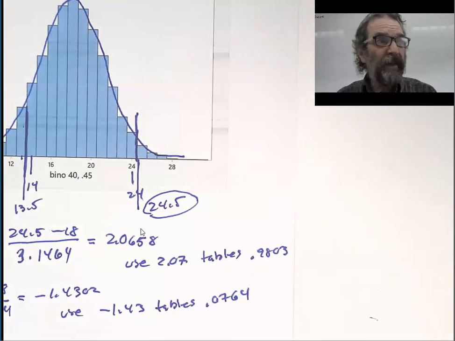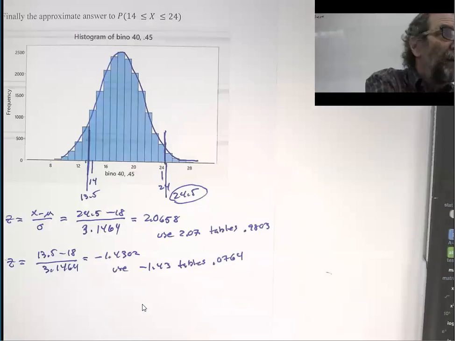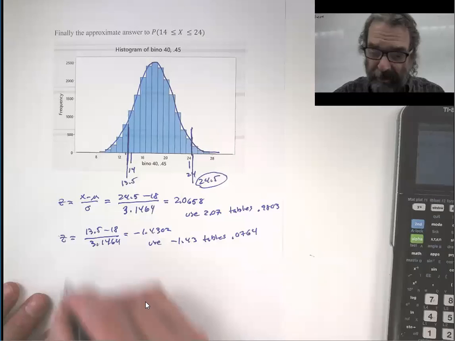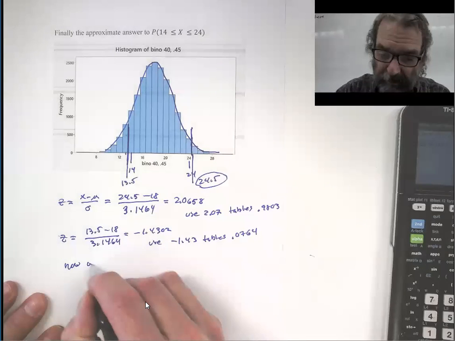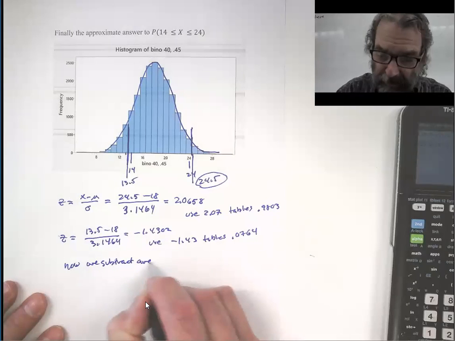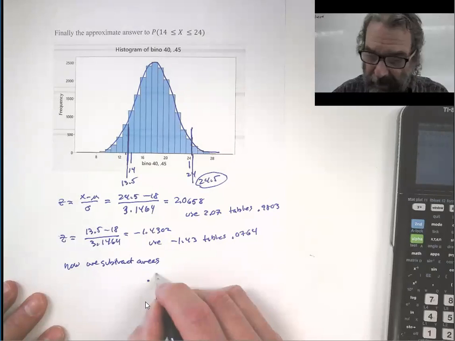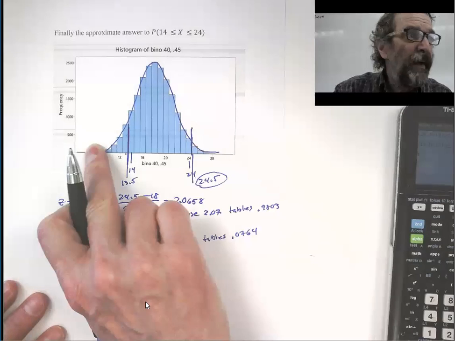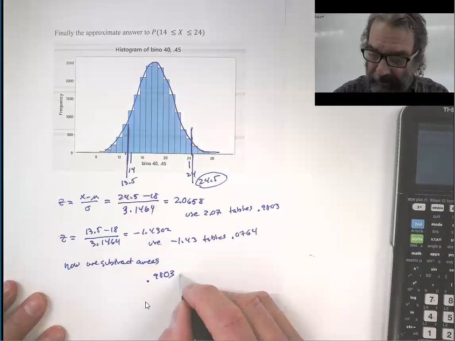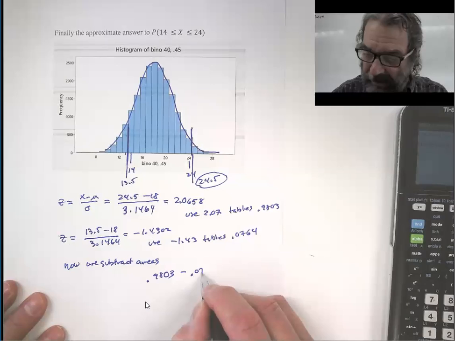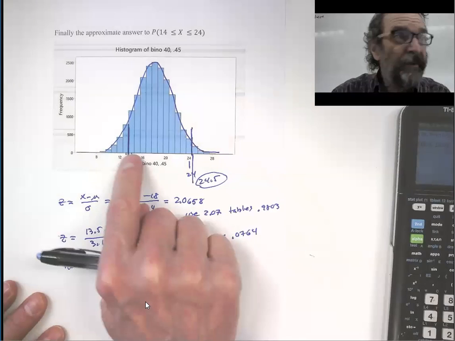Since we want the area in between the two, now we subtract areas. So 0.9803 is from here on back. That's almost the whole curve. 0.0764 is about 10%, so about 10% of the curve is here.